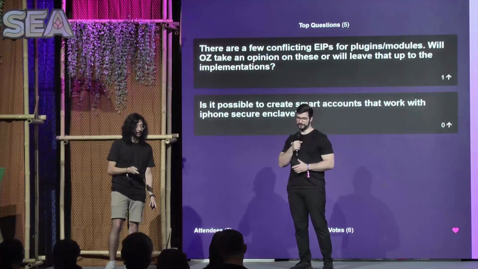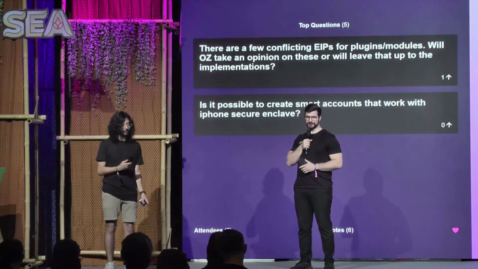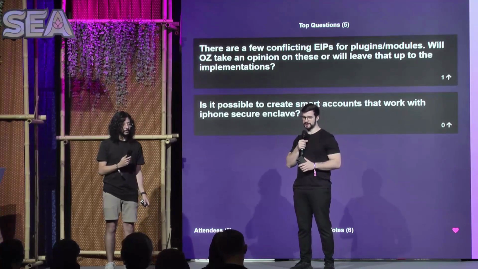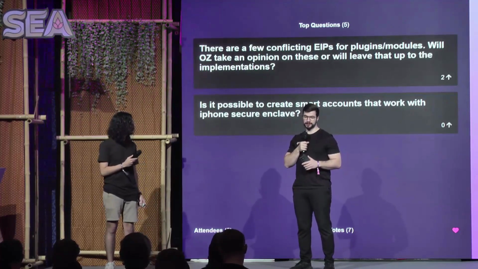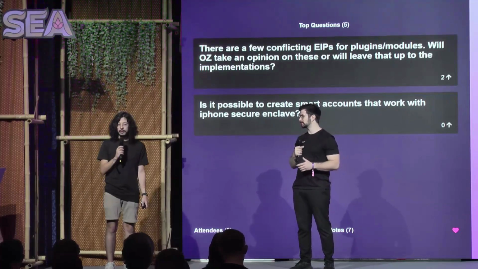For the next question, there are a few conflicting EIPs for plugins and modules. Will OpenZeppelin take an opinion on these, or leave that up to the implementations? Also a really good question. We would like to have an opinion because we usually try not to provide you with two versions of the same thing. But we definitely need to experiment with these modular standards to understand for which cases each is better.